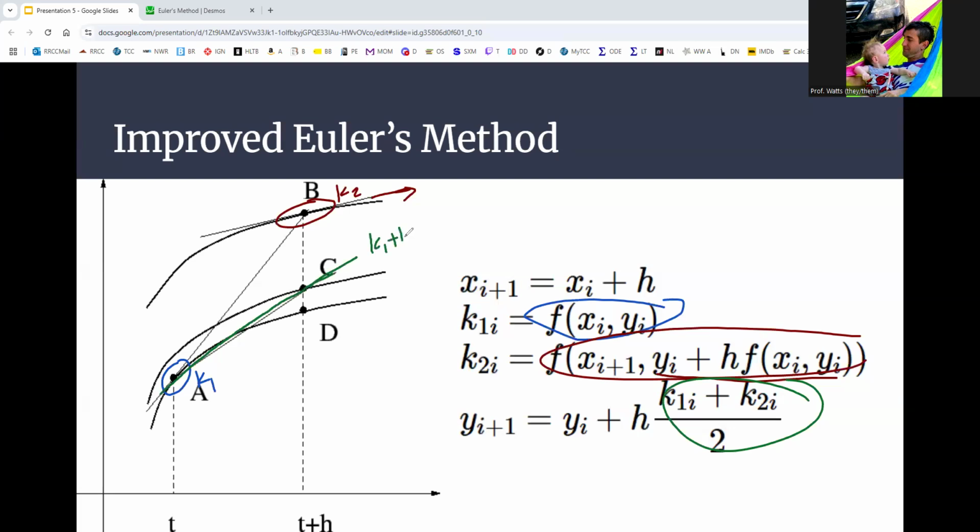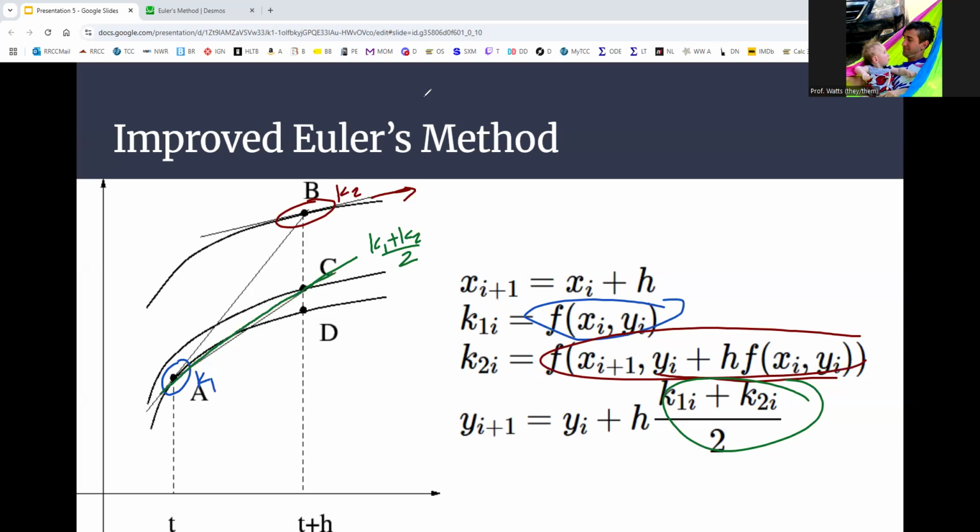So that's K1 plus K2 over 2, moving along there. And then we still use that slope times the change in x to get the change in y. So this gives us a much improved result with Euler's method. And one step really involves two function evaluations of the derivative.